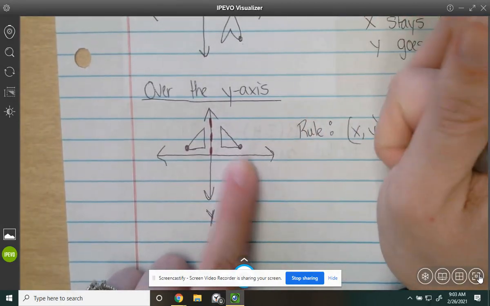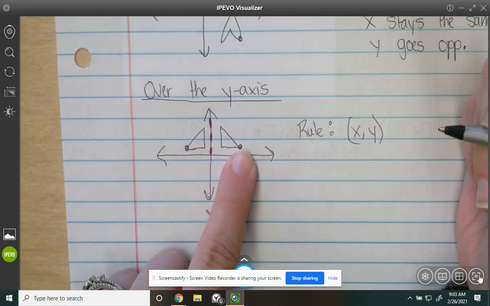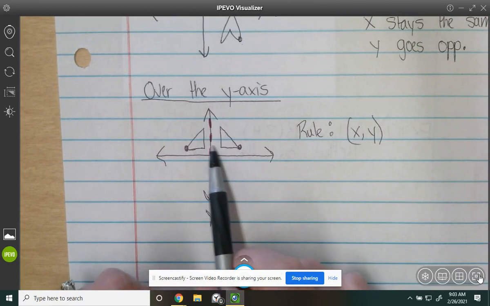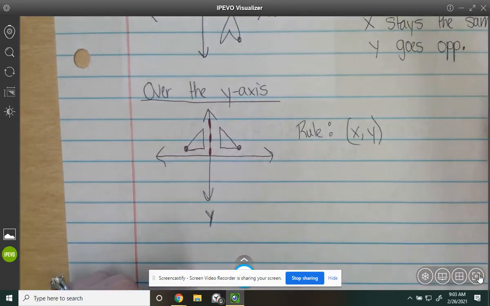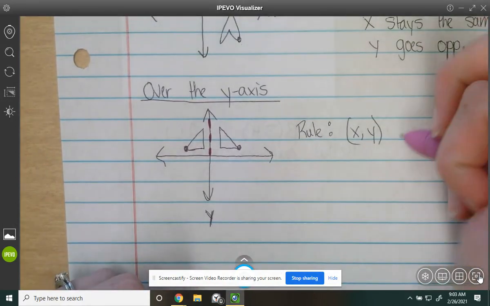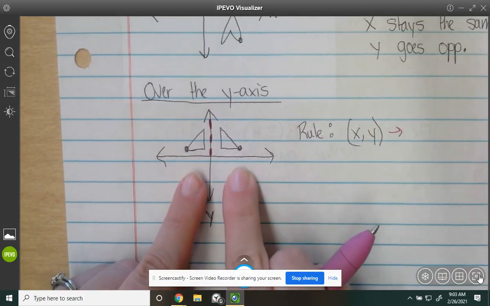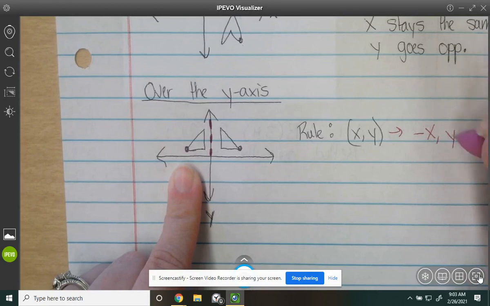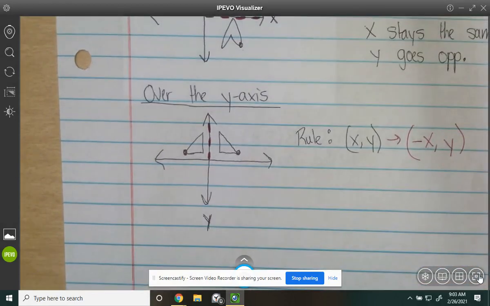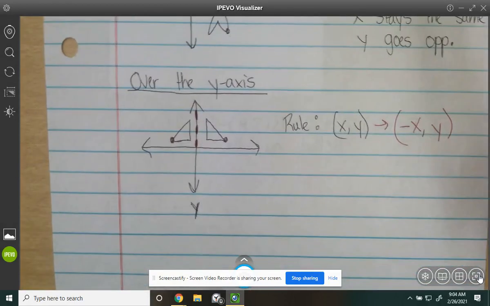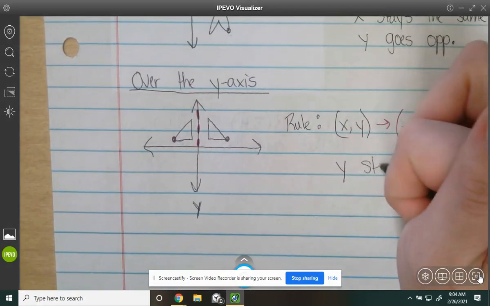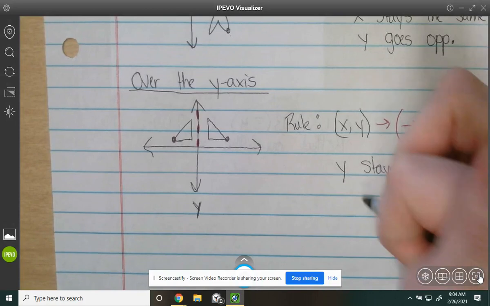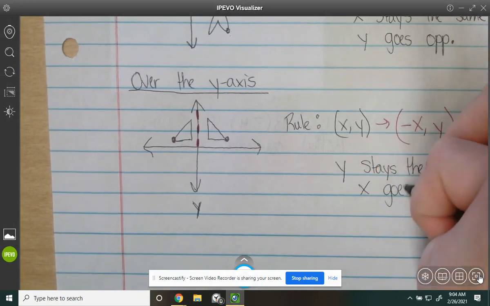They're both positive here in this quadrant. Whenever I flip it over here, it's staying on the same y, so this time my y stays the same. But if you look at this, my x is positive here, over here it's negative, so it'd be negative x. And then my y stays the same. So on this one, y stays the same. X goes opposite.